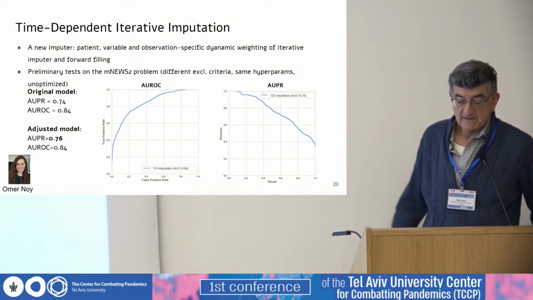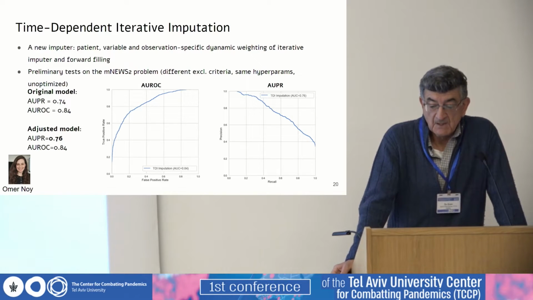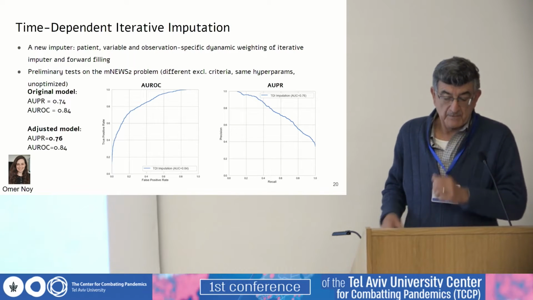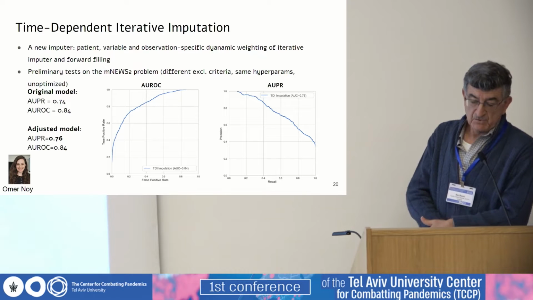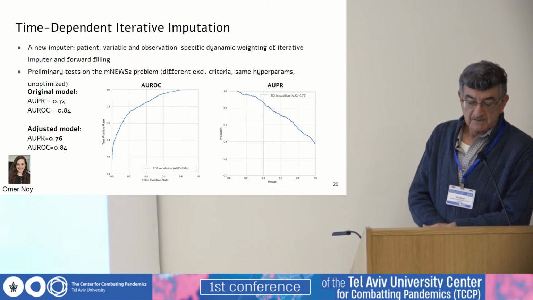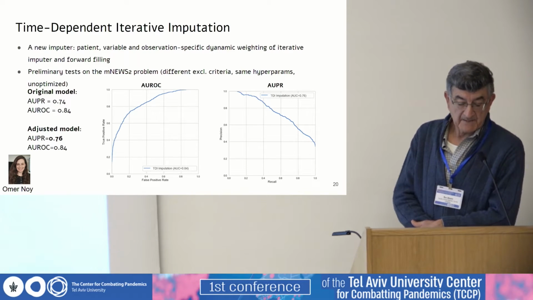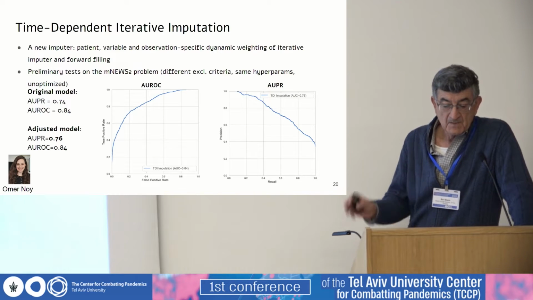And preliminary results on the original problem that I showed before, where we try to predict deterioration using the MNU score, get improved results. So you see that the AUPR improves and the AUROC stays the same.